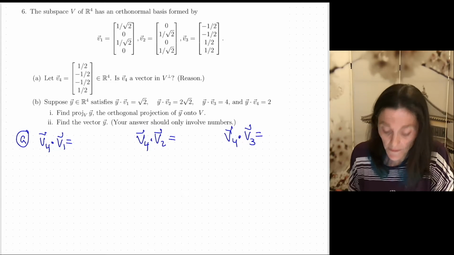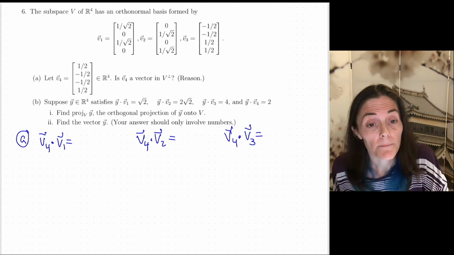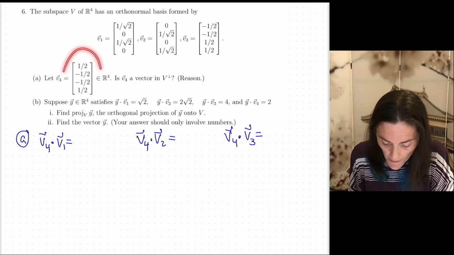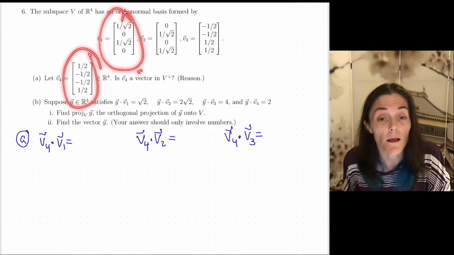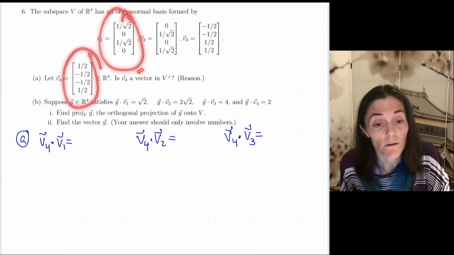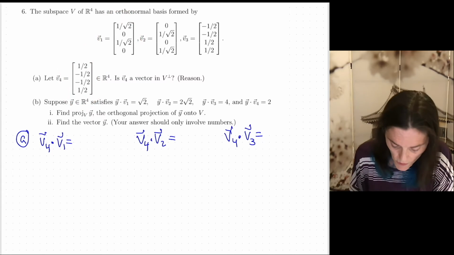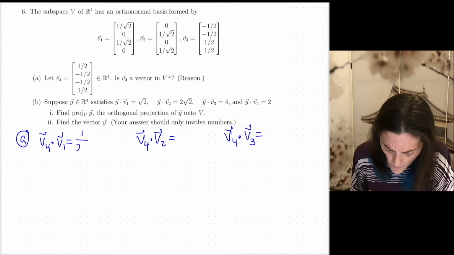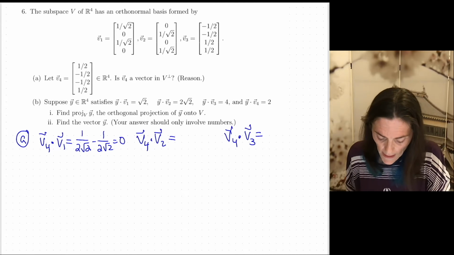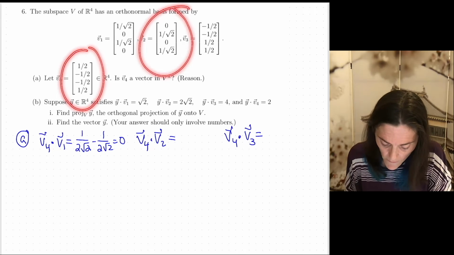What do we get here? Okay. Well, you see here, take this and dot this. We have plus and minus of the same thing, which is 1 over 2 square root 2. This is 1 over 2 square root 2 minus 1 over 2 square root 2. This is 0. Now we take V4 and V2.